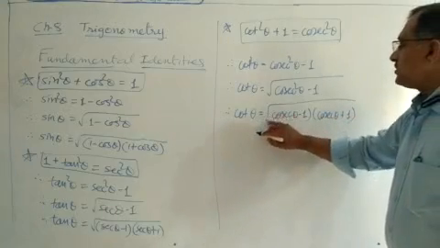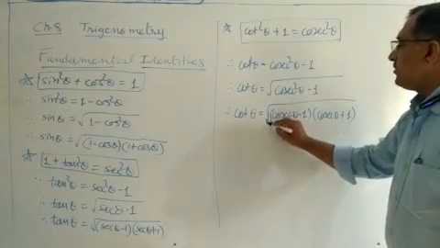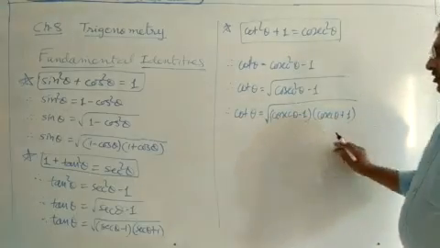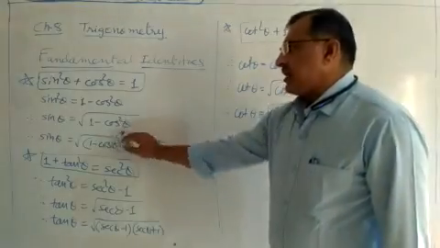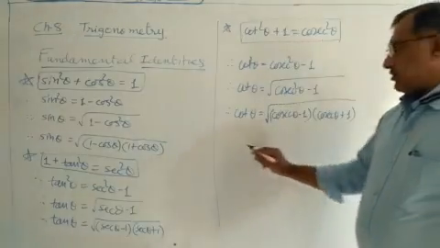So here we got cot in terms of cosec, tan in terms of sec, sine in terms of cos.